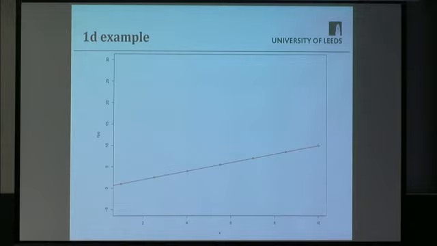The black line is the true function, this straight line, and the red line is my Gaussian process mean. So yes, the Gaussian process can capture a linear function, and it can do it very, very well.